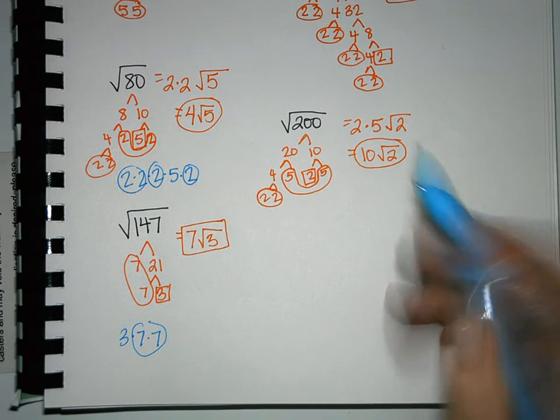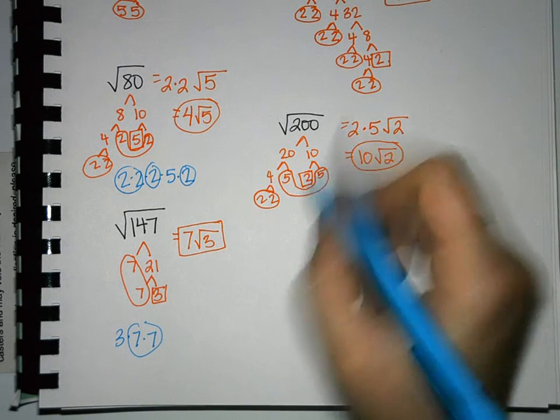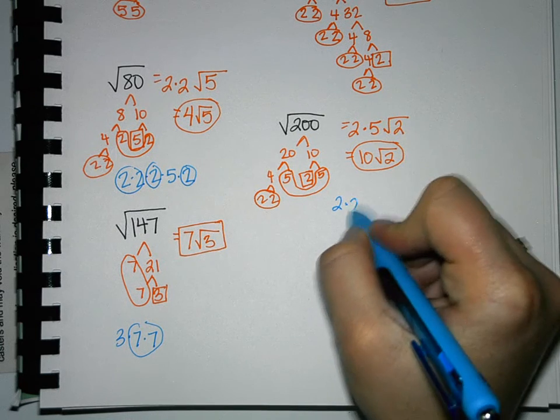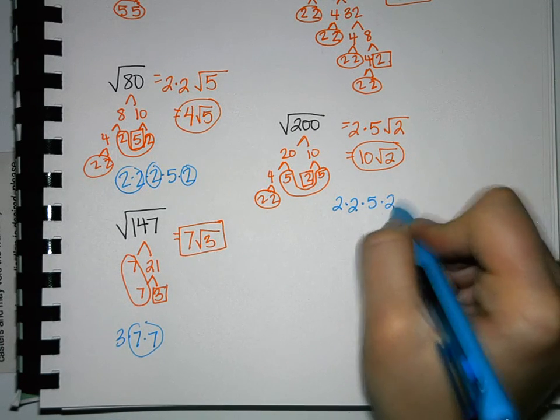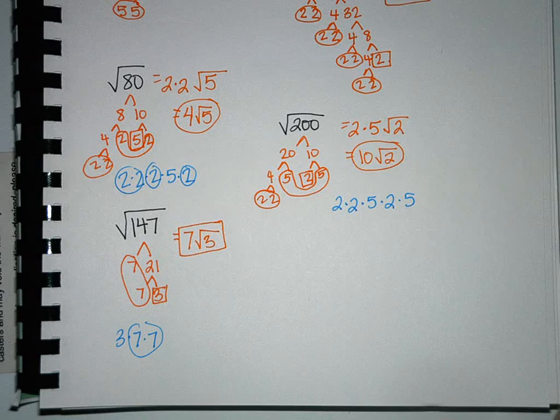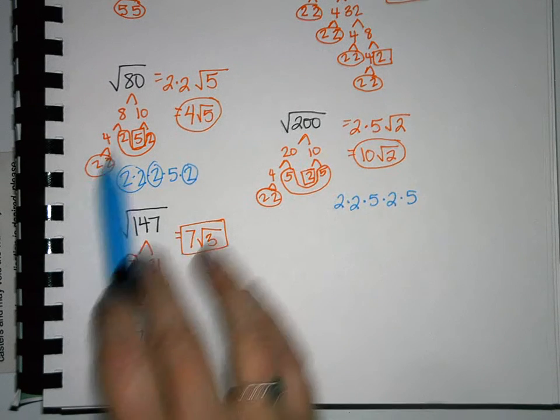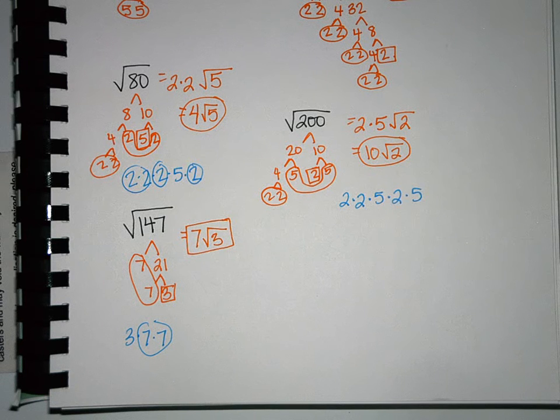So if it helps to just rewrite once you get to the bottom in a row, and then look for your pairs, you can do that to make sure you haven't missed one, but also to make sure you're only looking at the bottom row. Okay, so if it helps you to write it out after instead of going off of the bottoms, then feel free to do that. Any other questions at this point that you have, or before we get time to work?